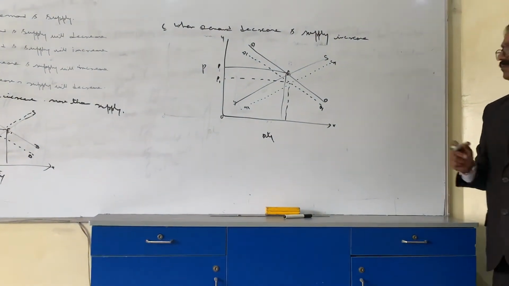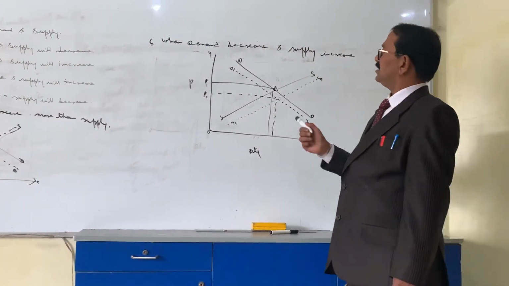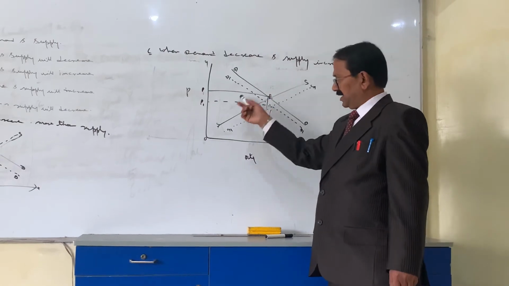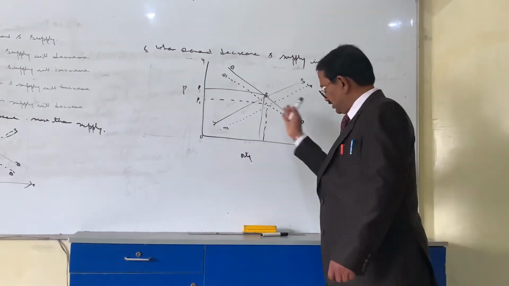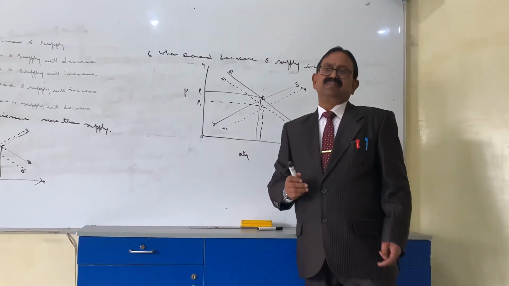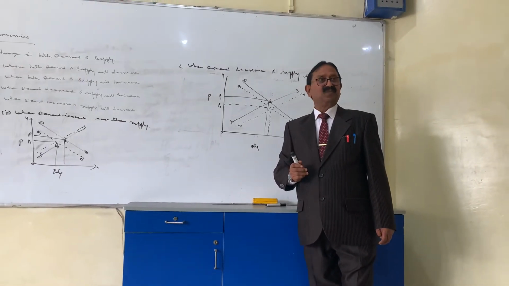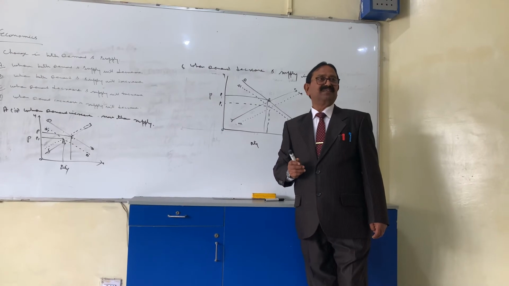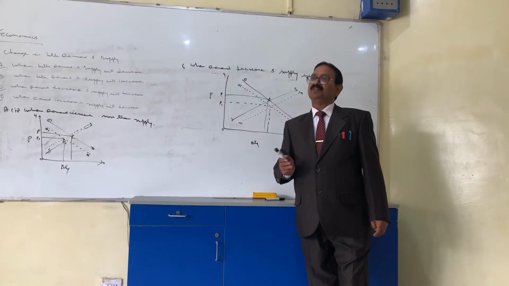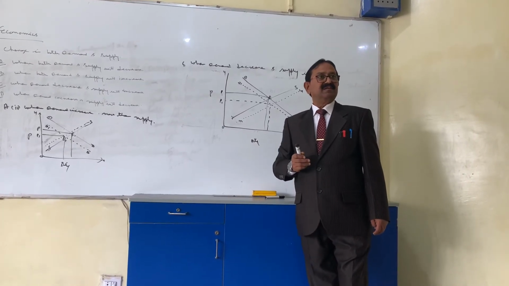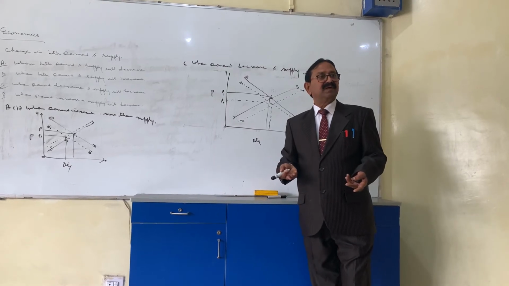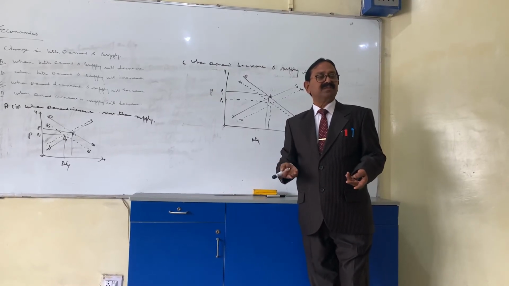P was there, it came to P1. Yes, sir. Because the philosophy is that demand is going to decrease and supply is going to increase. Then there is a competition among the sellers. Sellers want to sell their product. Isn't it? So what happened? The price will fall. They will decrease the price. There is no option.